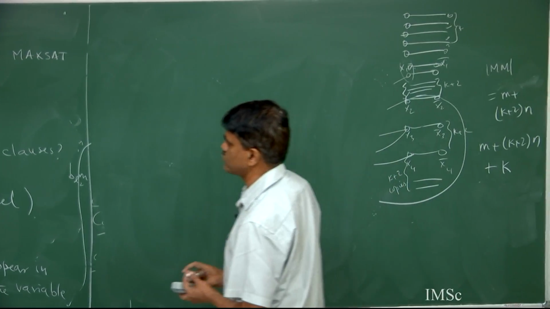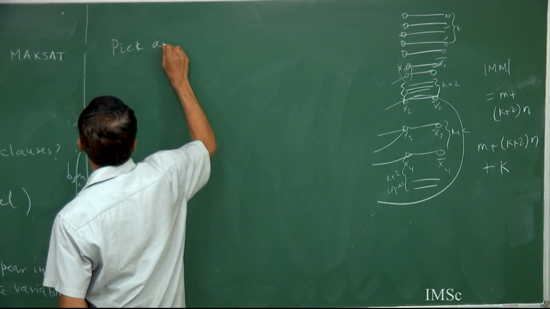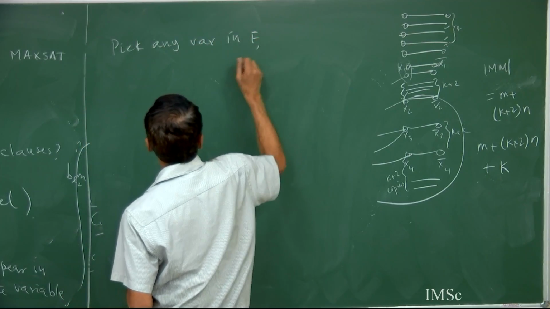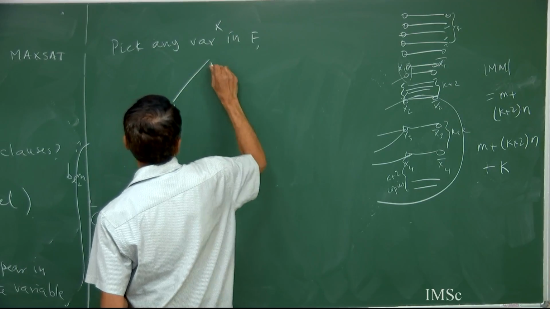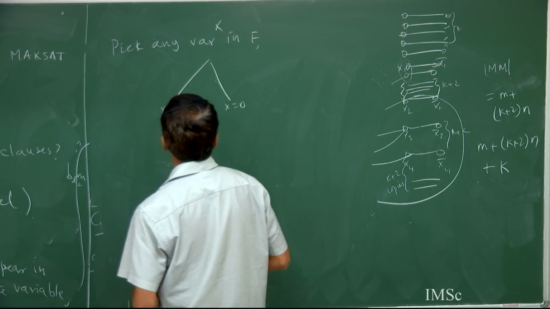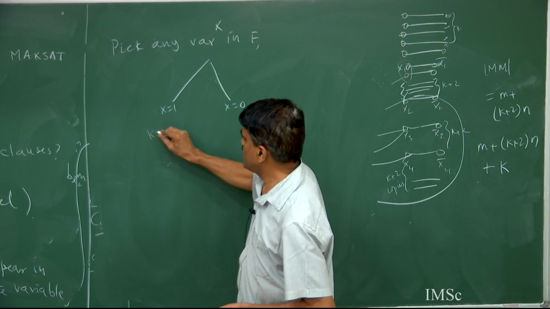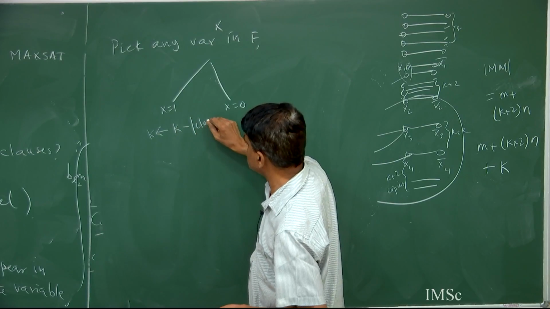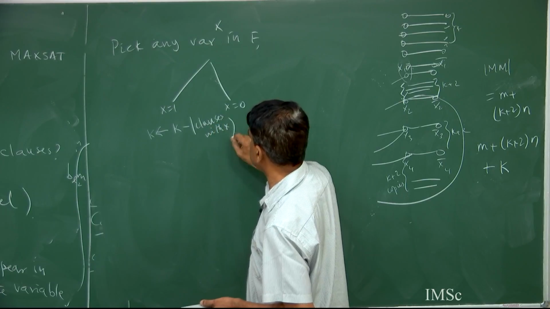now branch on variables. Pick any variable that appears. In one branch I'm going to set x equal to 1, in the other branch I set x equal to 0. I'm trying both choices, and my k would drop by the number of clauses with x, and similarly here.